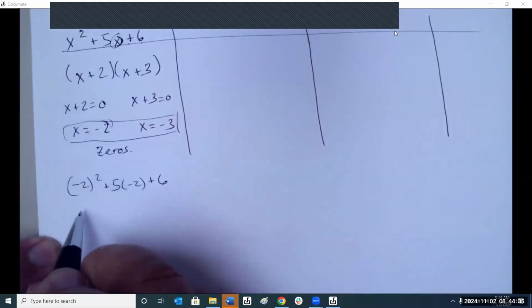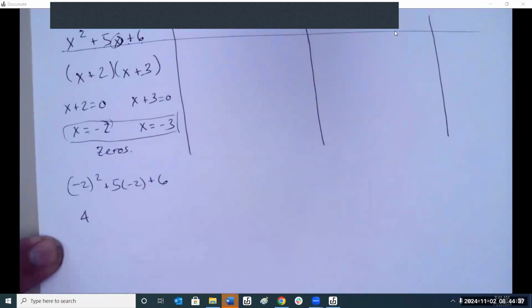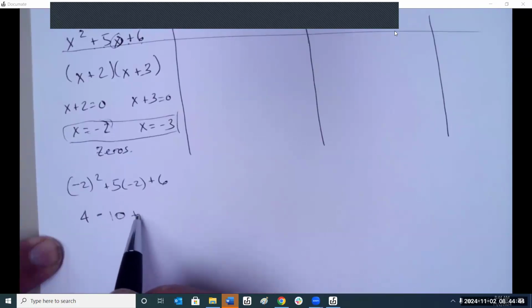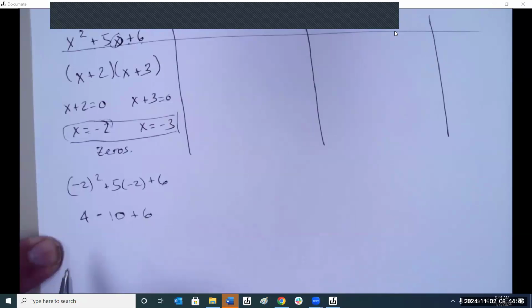So -2 squared is +4. Positive times negative is negative, 5 times 2 is 10. 4 minus 10 is -6.